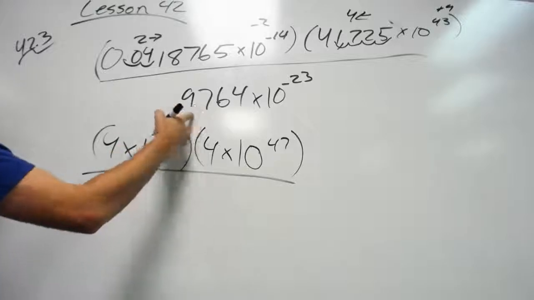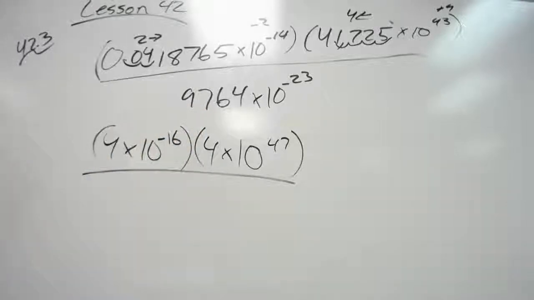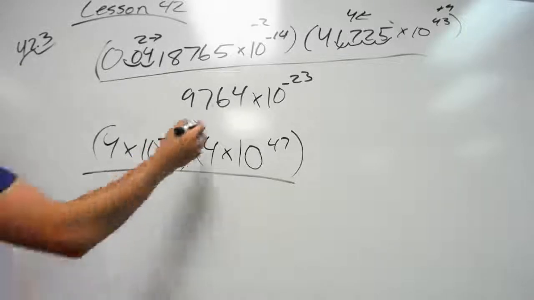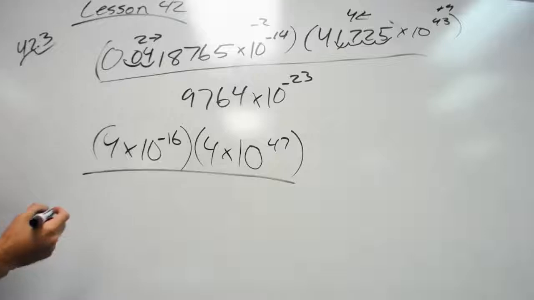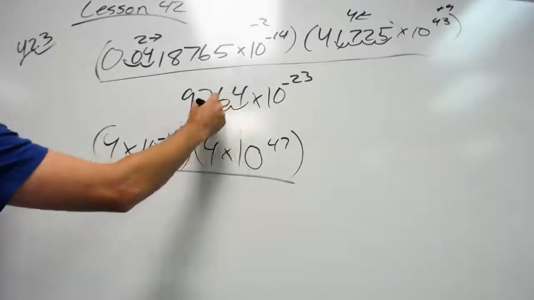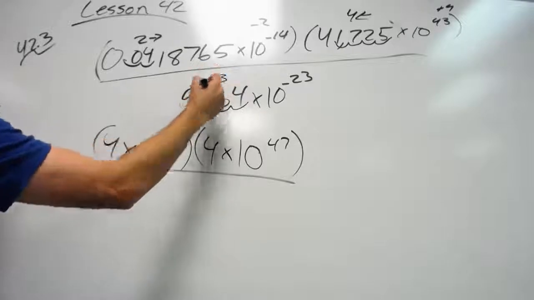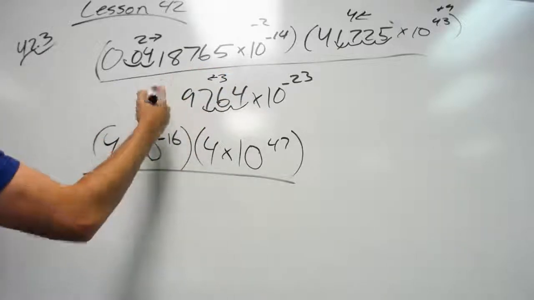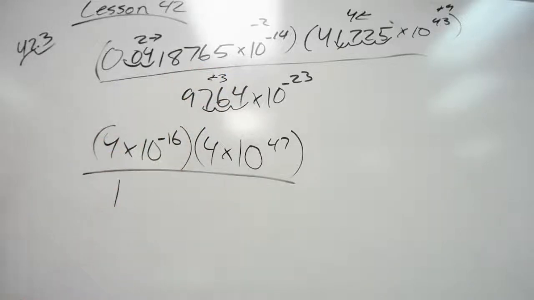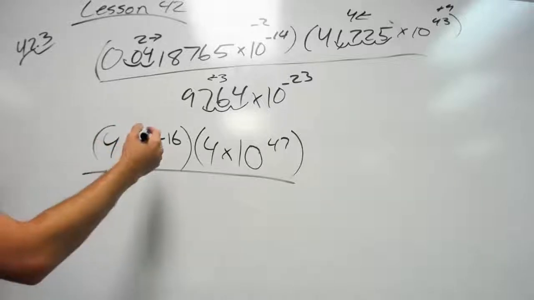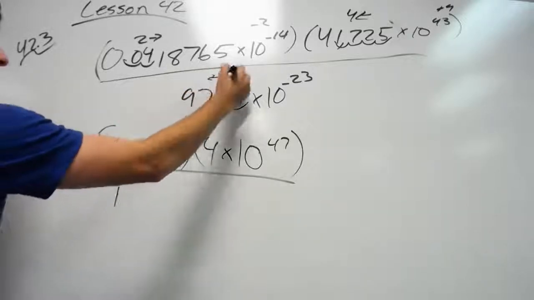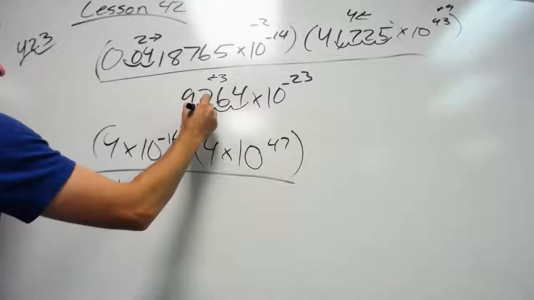So if you have a 9,764, what you're going to do, let's say we move the decimal 3 times. 1, 2, 3, so we're moving 3 to the left. However, if it becomes 10,000, so we say 1, that would actually mean you would need 1 more.